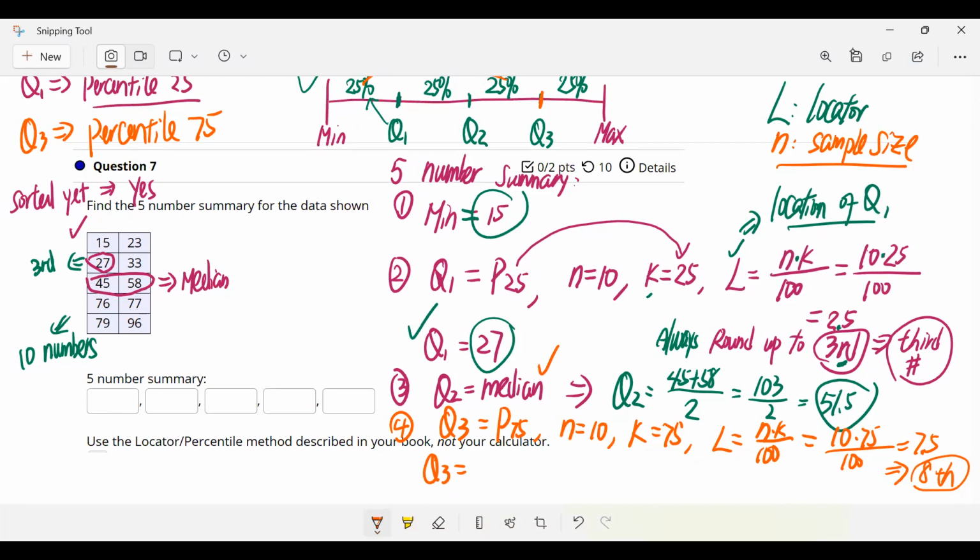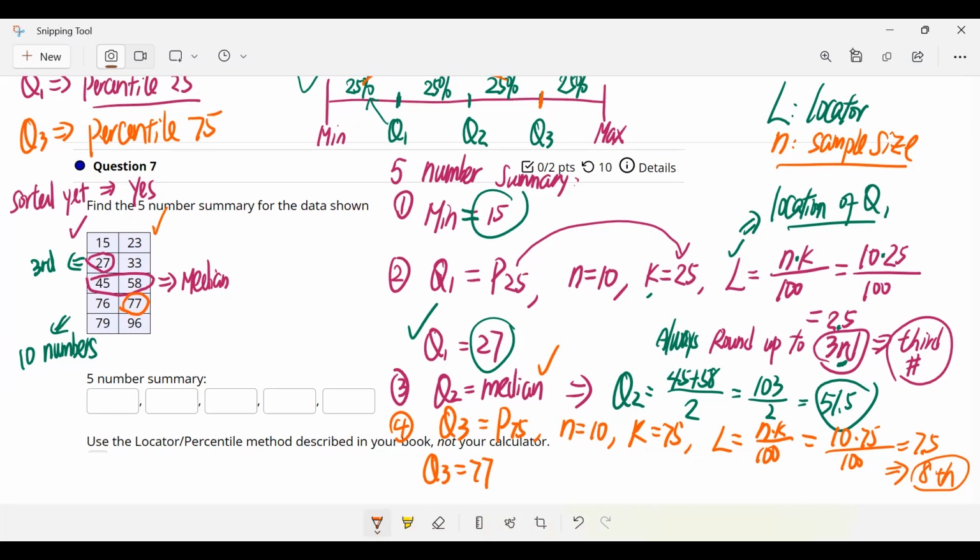And then quartile 3 is always percentile 75, so K is always equal to 75. You always round up to the next whole number, get the 8th data value. You take quartile 3, go back to the original data set. The 8th data value is 77. So 77 is quartile 3.